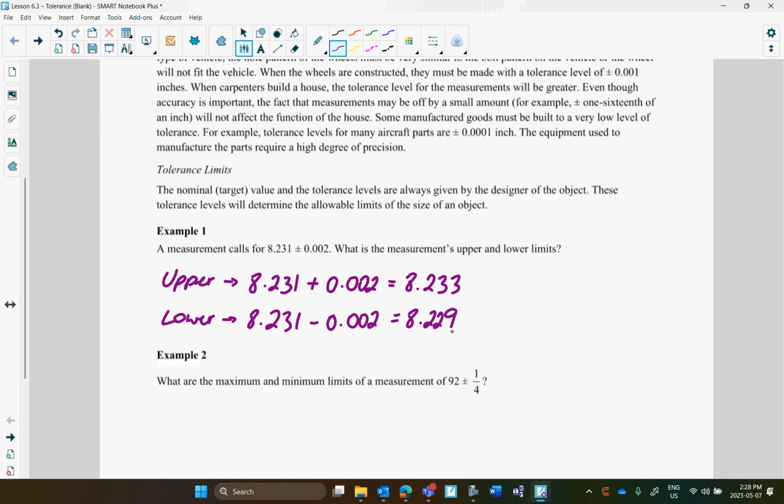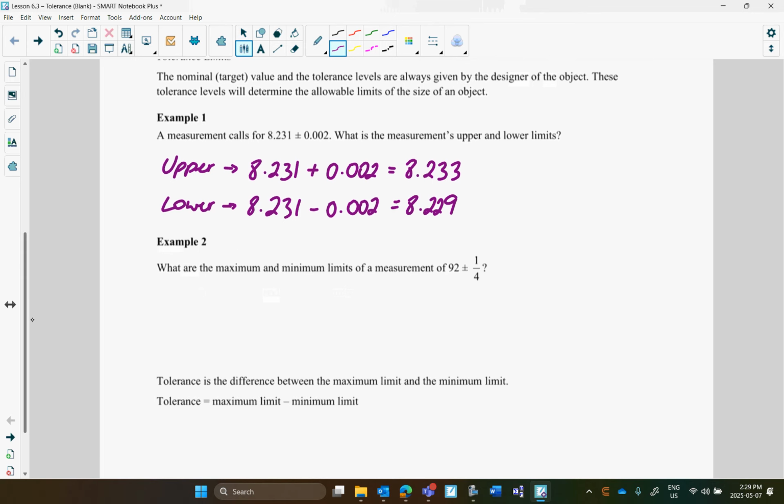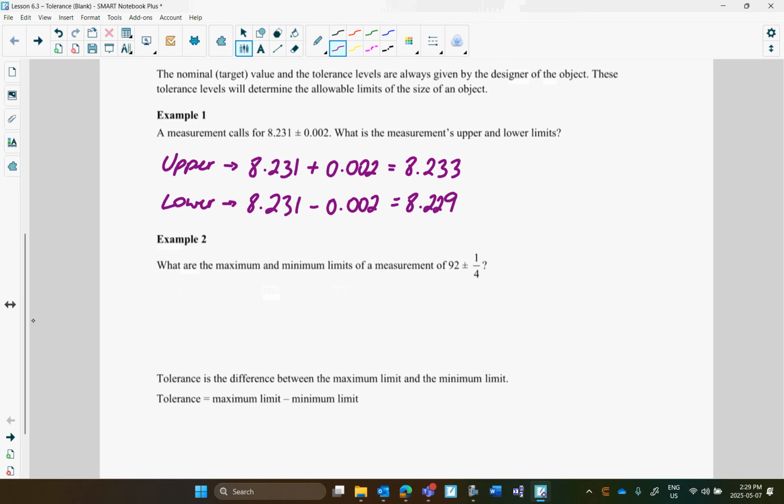So whatever this is being used for, our tolerance is pretty low. It has to be pretty close to each other. Okay, there's not a lot of difference between the upper limit and the lower limit in this one. In example 2, well, maximum and minimum mean the same thing as upper and lower. So maximum, we take the nominal value 92 plus a quarter.